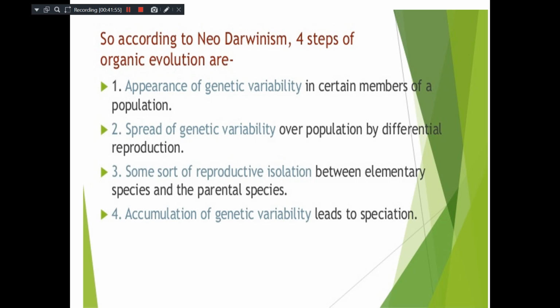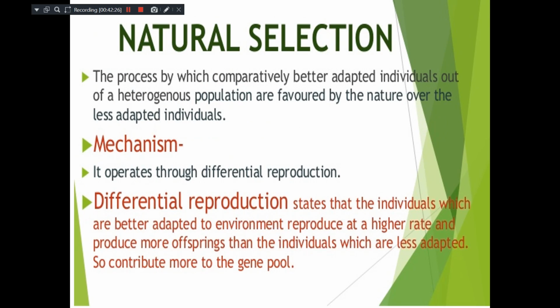Then ultimately, accumulation of genetic variability by any means, the means which we have already discussed. Accumulation of genetic variability in a population may lead to speciation. These are the four strong steps or points of neo-Darwinism, or the synthetic theory of evolution.